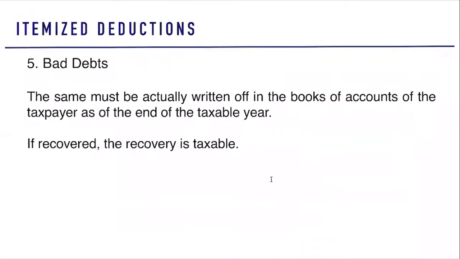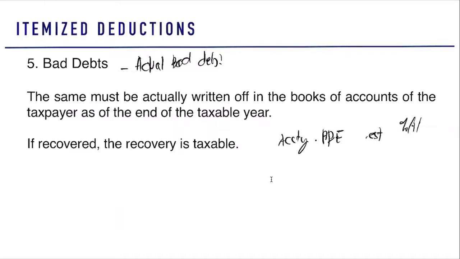Next, bad debts. So for your bad debts, we just need again the actual bad debt. Okay. So per accounting, our bad debt expense is based on your estimate. So it can be percentage of AR, percentage of sales, or aging of AR. So those are different modes of estimating your bad debts.